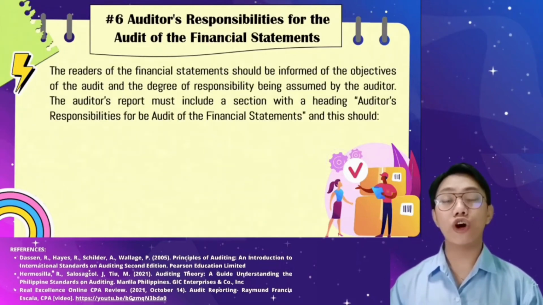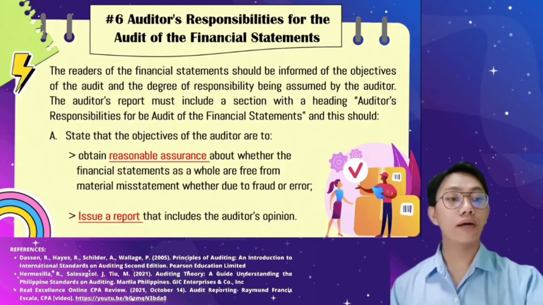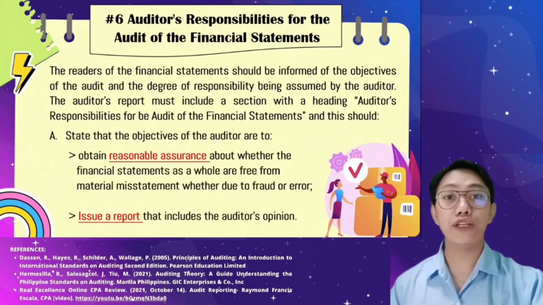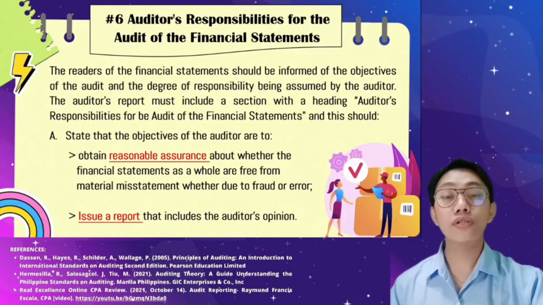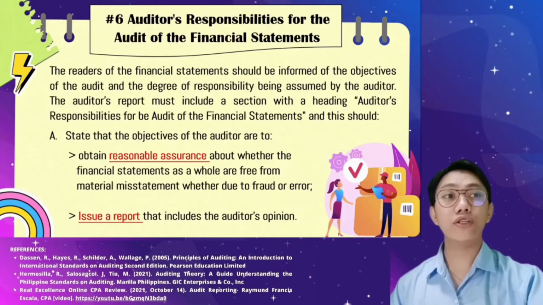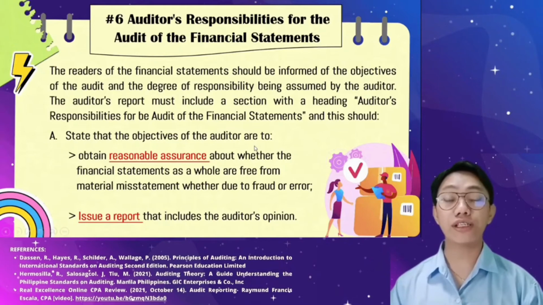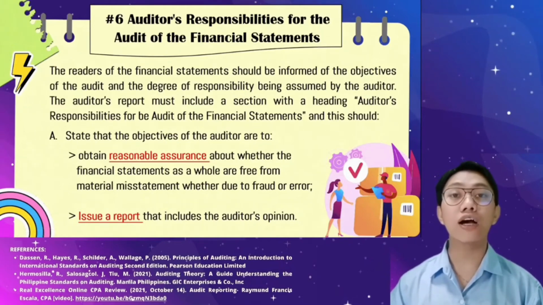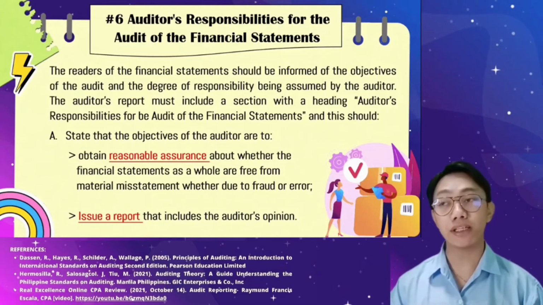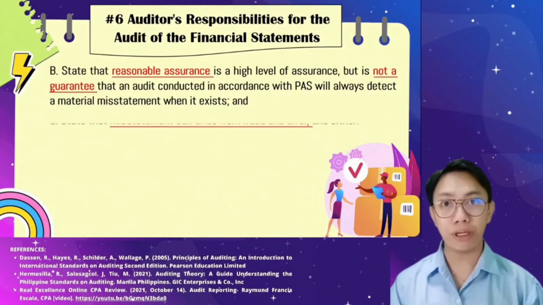So, dito, medyo mahaba siya, pero kung babasahin nyo yung sa sample, nasunod niya yung sinasabi ng standards. In short, yung auditor's responsibilities for the audit of the financial statement, it just says na dapat i-state ng auditor kasama sa responsibility ng isang auditor na syempre mag-express ng opinion.